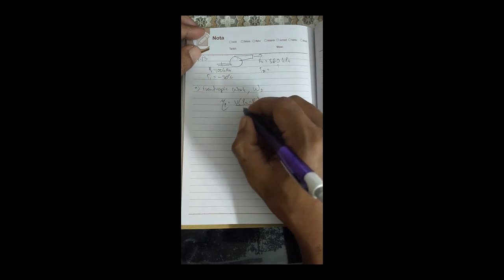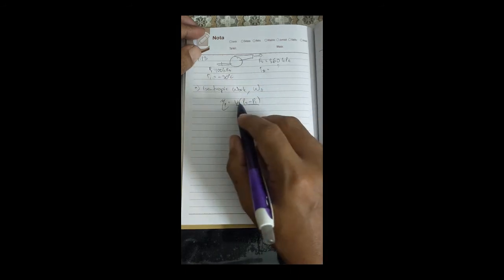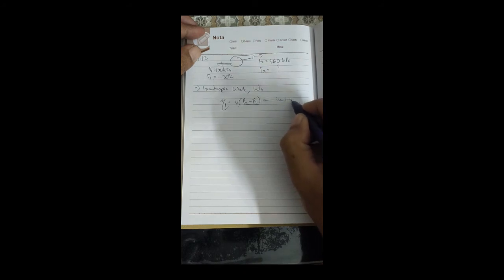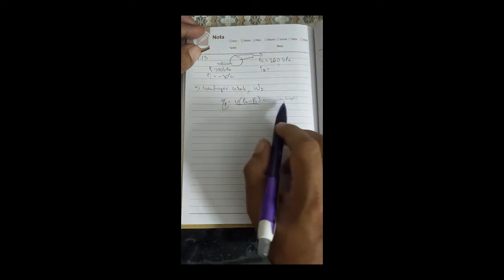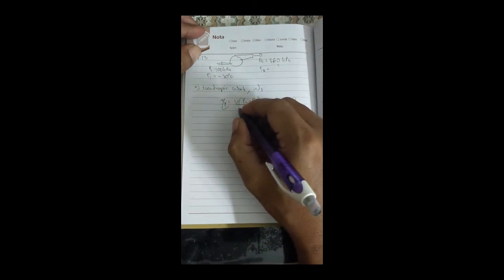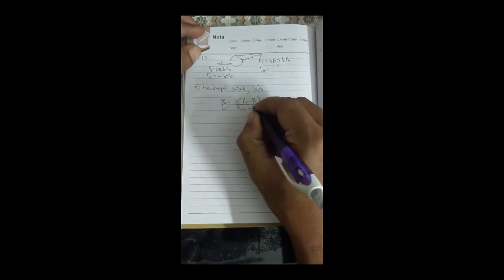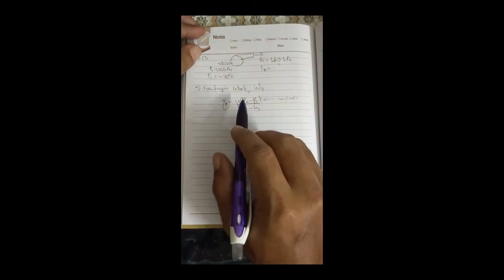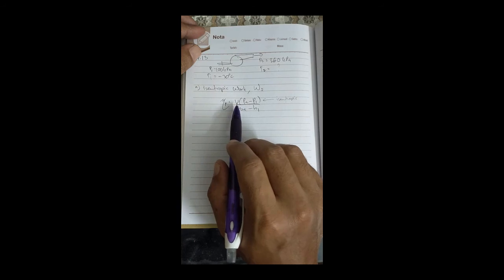This is at isentropic condition, at constant volume. The actual will be h2a minus h1. So we need to find the volume first.